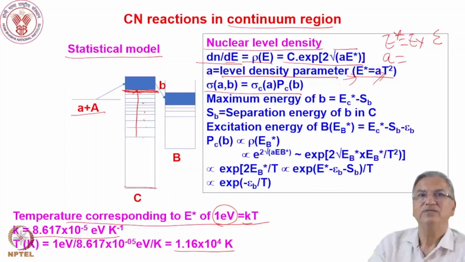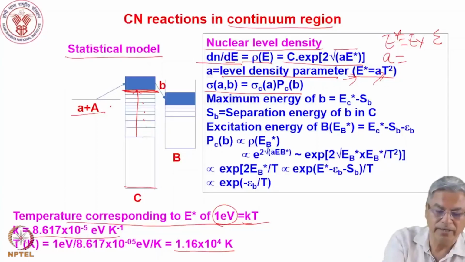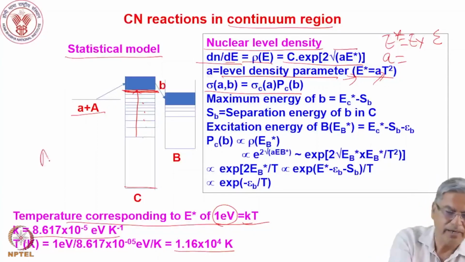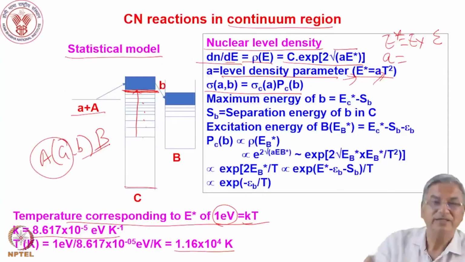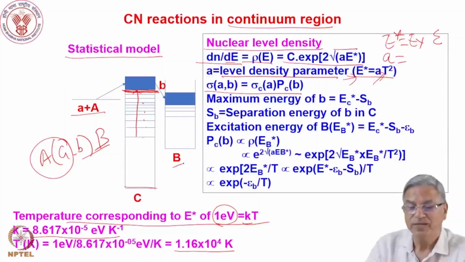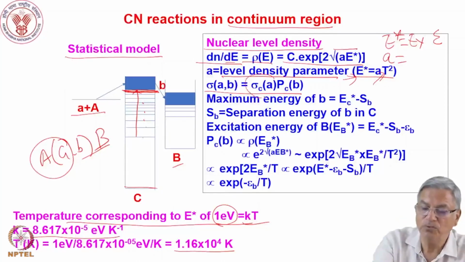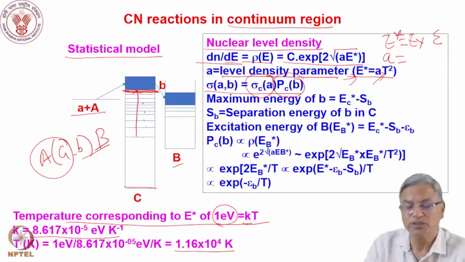Again, consider the cross section for a reaction A(a,b)B. So a and A form a compound nucleus, and the compound nucleus emits a particle b and is left with residue capital B. So you have the formation of the compound nucleus and the decay of the compound nucleus, two steps which are independent of each other.